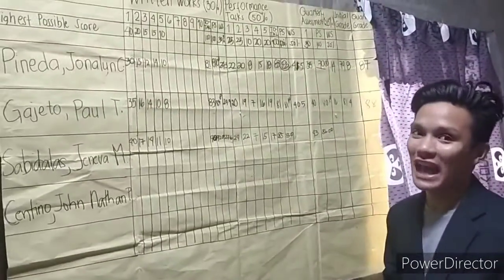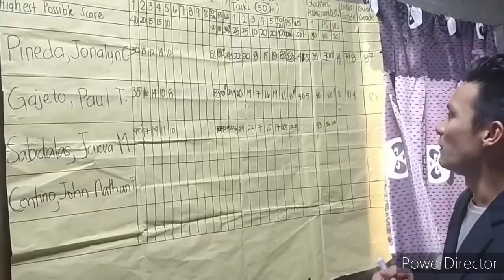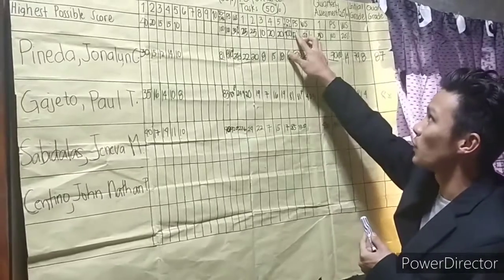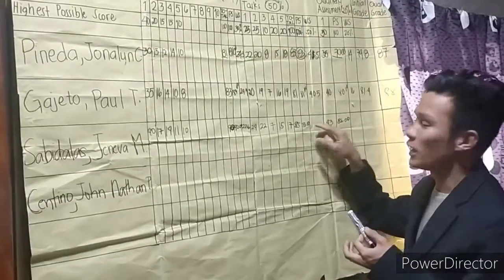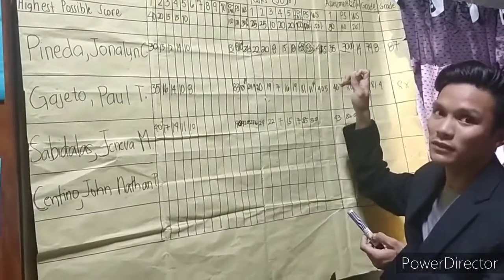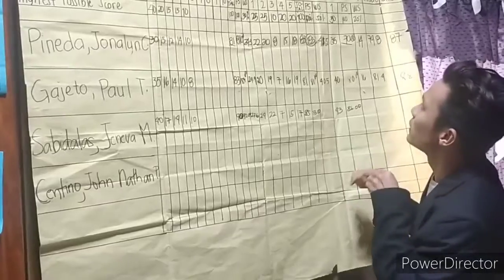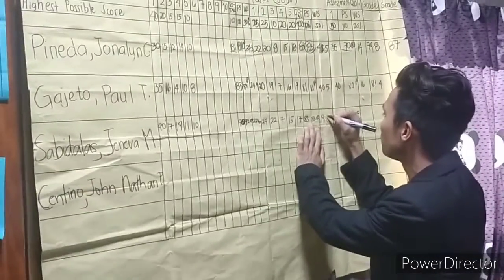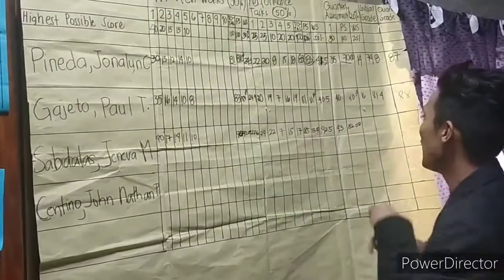And for the performance task of Geneva, she got 85 for the percentage score. So we're going to multiply it by 50% or 0.50. So the total is 42.5.